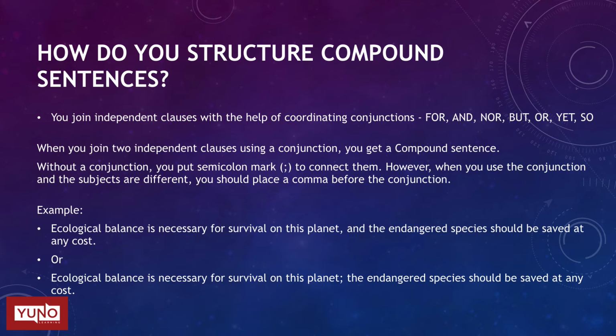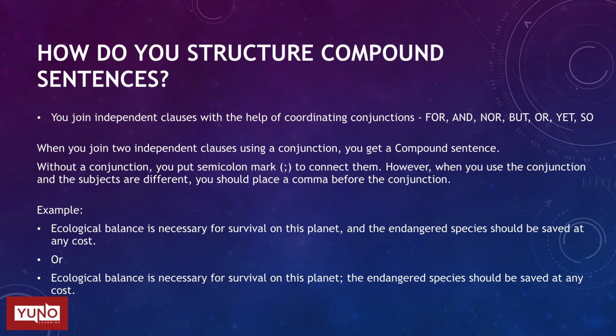So when you use the conjunction and the subjects are different, you should place a comma before the conjunction. Just look at this example again. Ecological balance is necessary for survival on this planet, comma, and the endangered species should be saved at any cost.